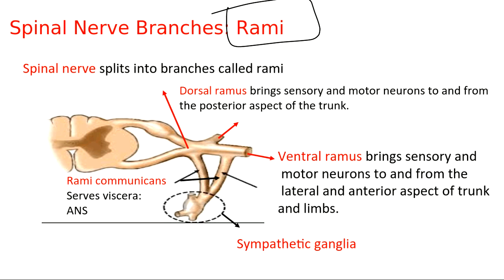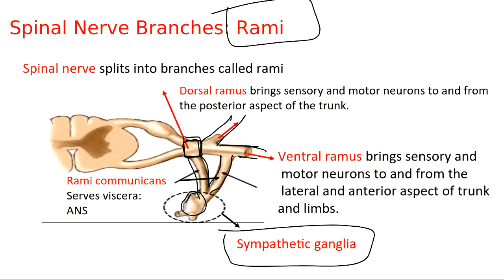Notice how it branches into a dorsal ramus, going to the back, a ventral ramus, going towards the front, and then there are these rami communicantes, two of them, that are going to go into a ganglion called the sympathetic ganglion. These two together are called the rami communicantes.